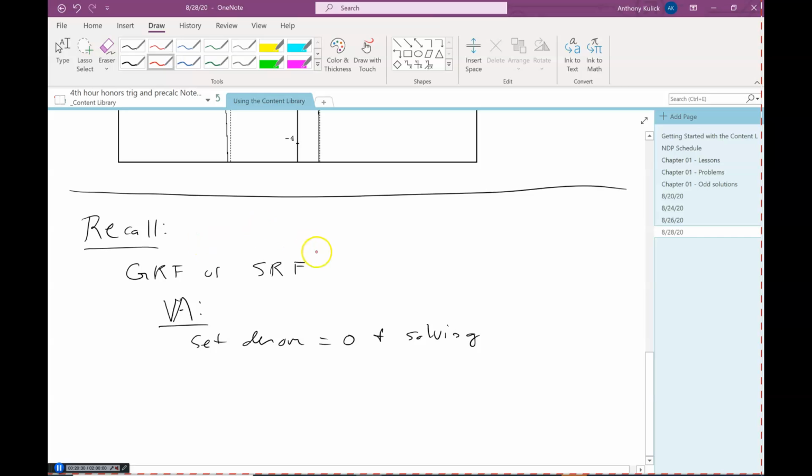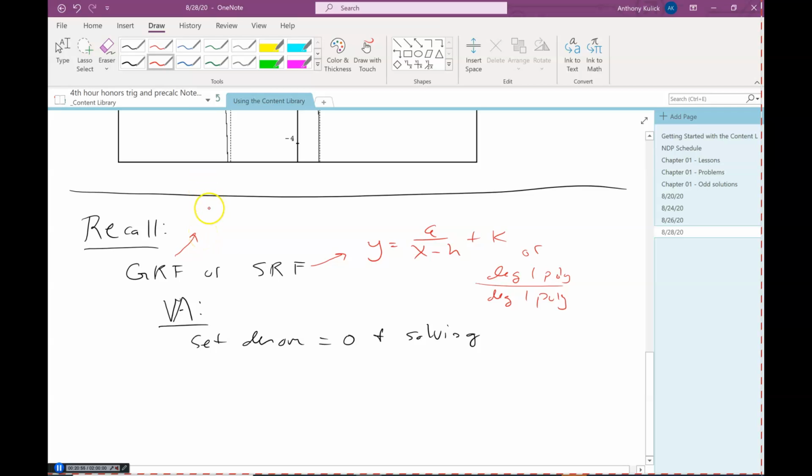And remember, a simple rational function was something of the form like this. Or we also had a form where it was a degree 1 polynomial over another degree 1 polynomial with nothing added to it afterwards. Those are both things we'd call a simple rational function.